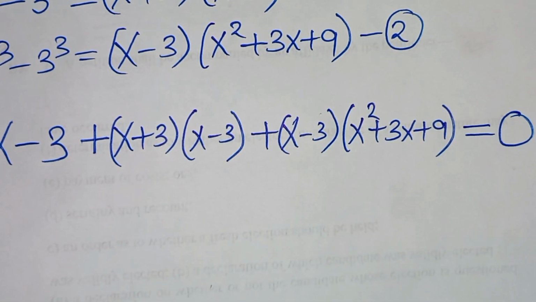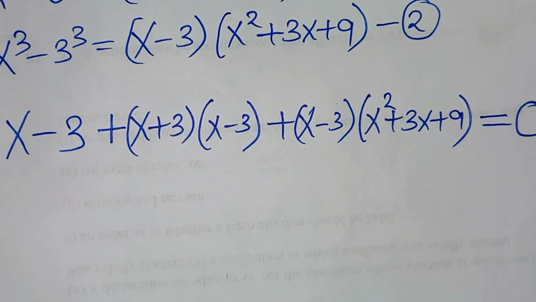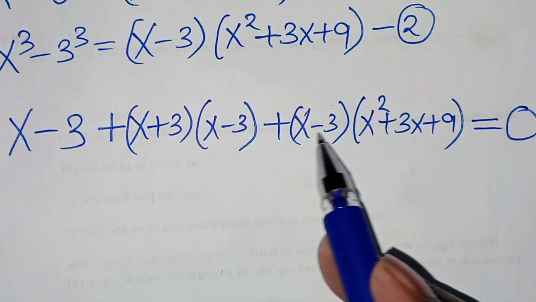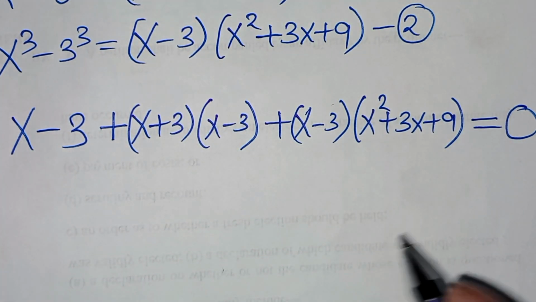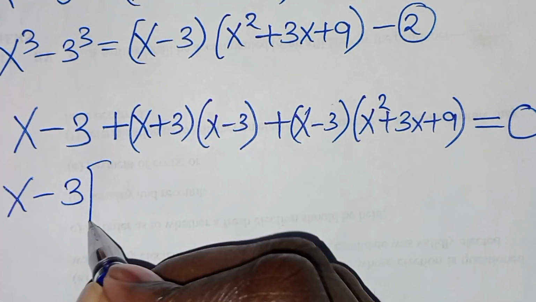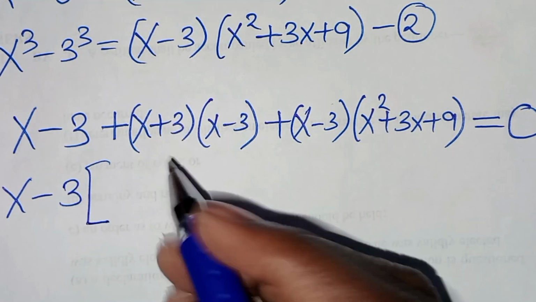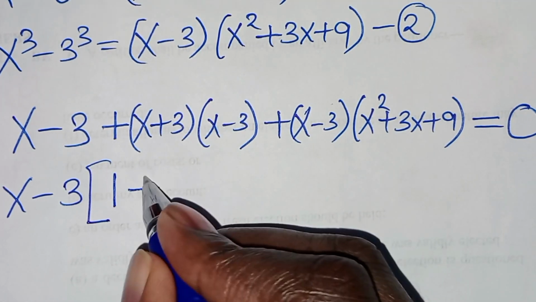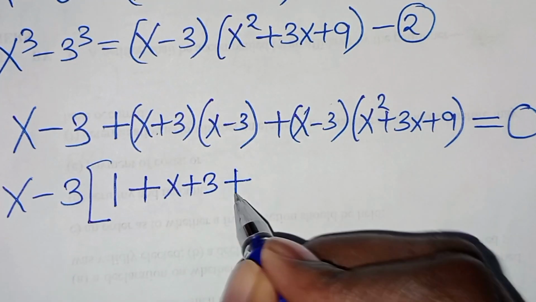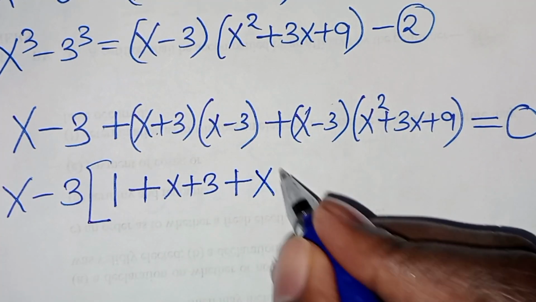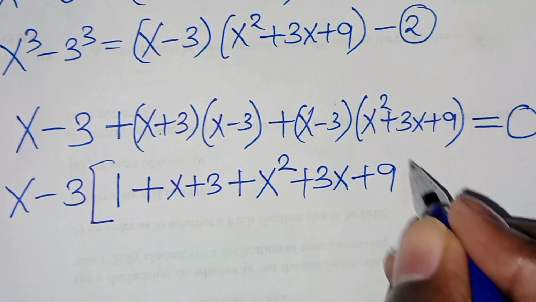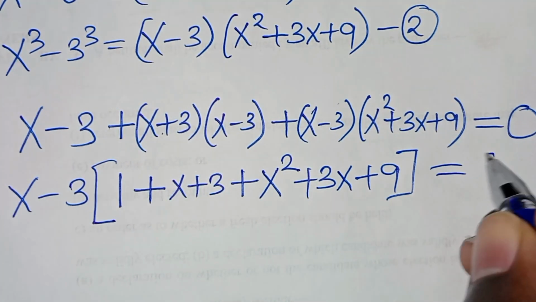You can see clearly that x minus 3 is common here. So we can factor out x minus 3, so that in the parentheses we'll have 1 plus x plus 3, plus x squared plus 3x plus 9, equal to 0.